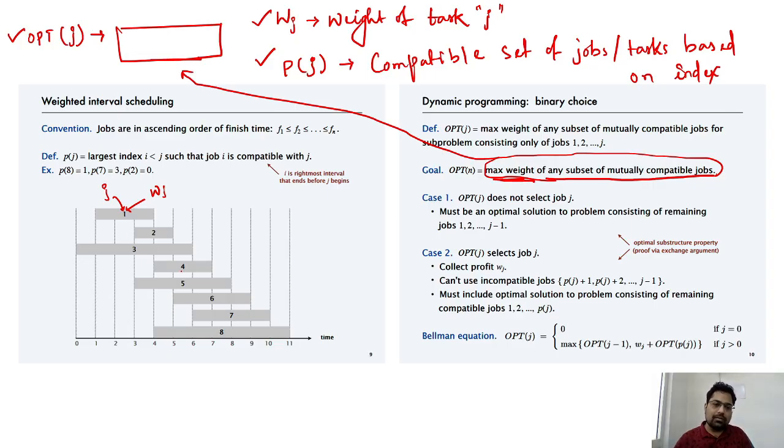Out of this, we know the compatible jobs. If I find out the compatible jobs based on the finishing time, we have to take care of it later. But if I pick one, I have to discard up to this, and if I pick one, then 6 will be fixed as compatible, another will not be compatible.